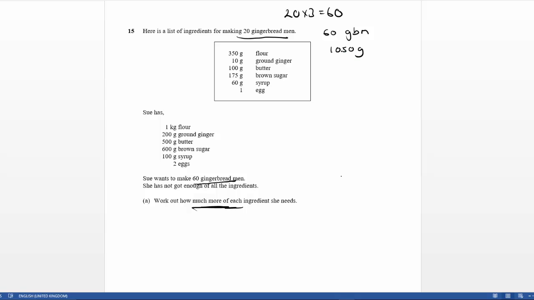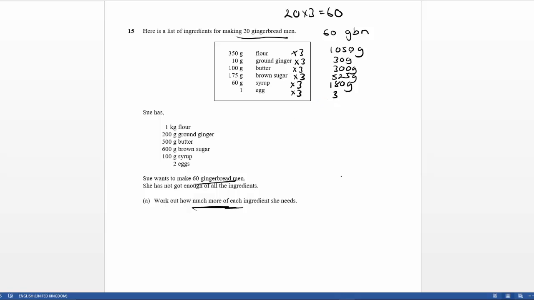So we need 1,050 grams of flour. 10 times 3, let's write those in so you can see. 10 times 3 is going to be 30 grams of ground ginger. 100 times 3 is going to give me 300 grams of butter. 175 times 3 is going to give me 525 grams of brown sugar. 60 times 3 is going to give me 180 grams of syrup. And obviously 1 times 3 will give me 3 eggs.